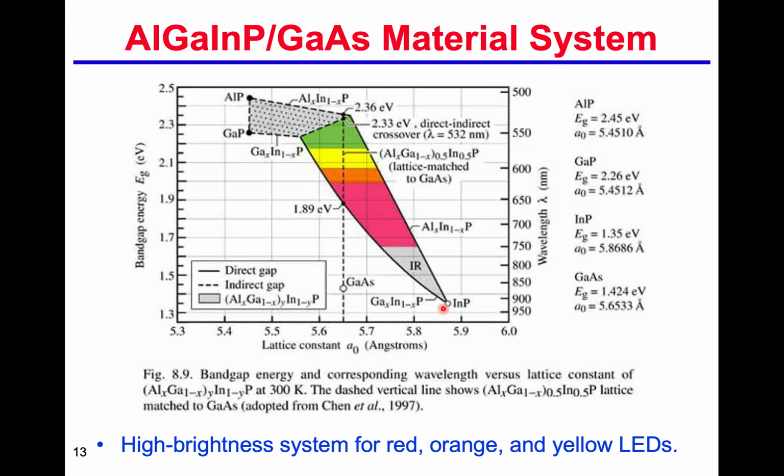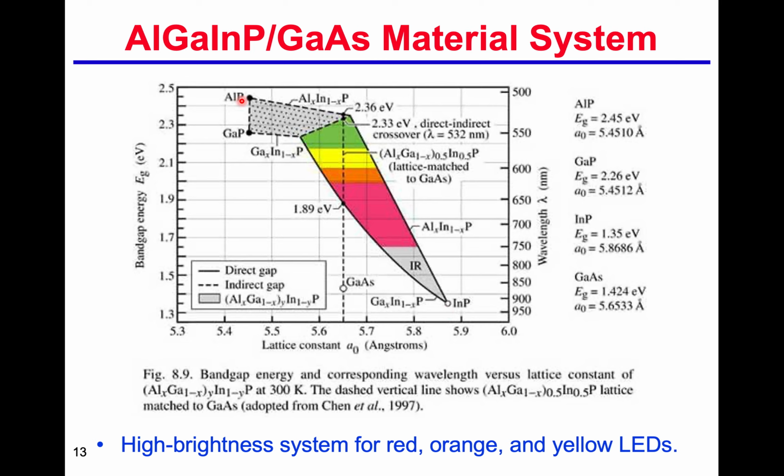For indium phosphide, the lattice constant is here, about 5.8686 angstrom. The energy band gap is about 1.35 electron volts, and that corresponds to about 900 nanometers for the wavelength, which is infrared.